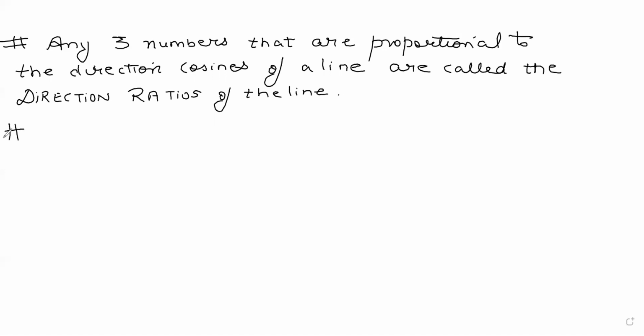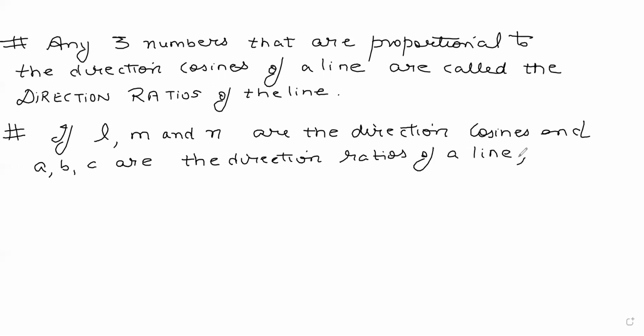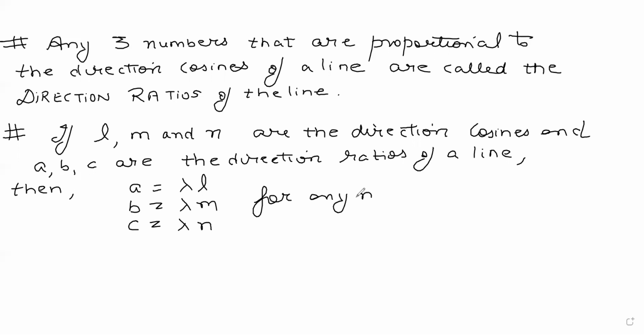So we can say that if L, M, and N are the direction cosines, and A, B, C are the direction ratios of a line, then A is equal to lambda L, B is equal to lambda M, and C is equal to lambda N for any non-zero lambda belonging to the set of all real numbers.